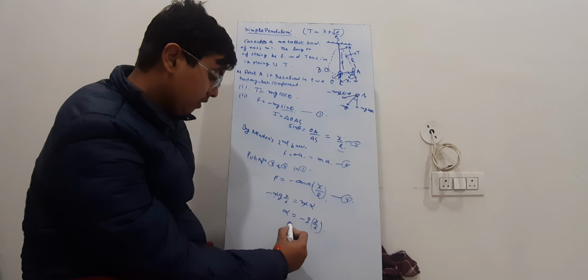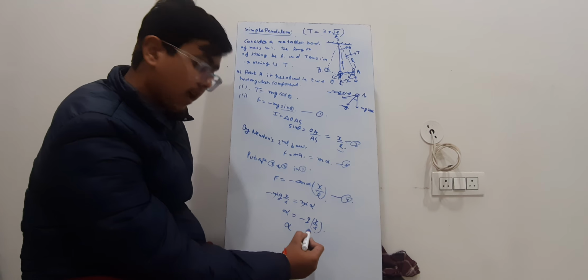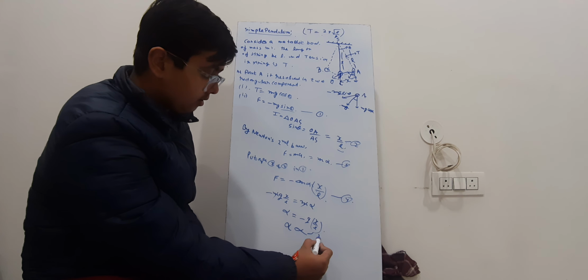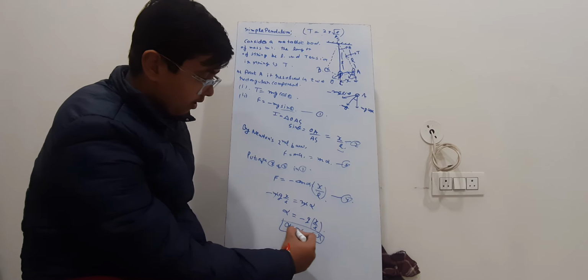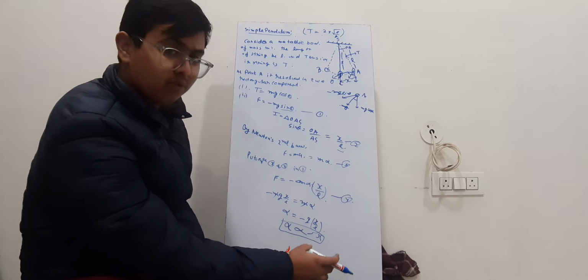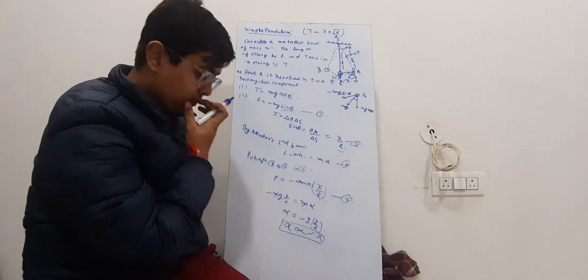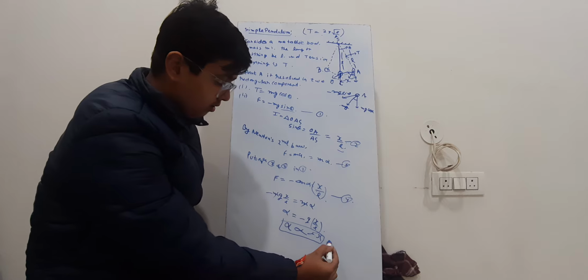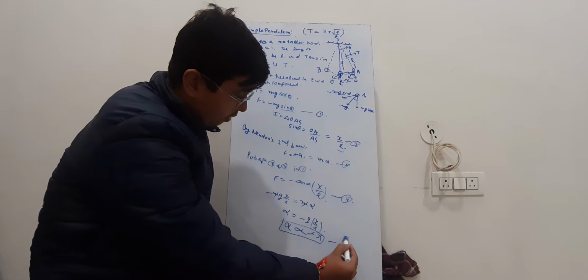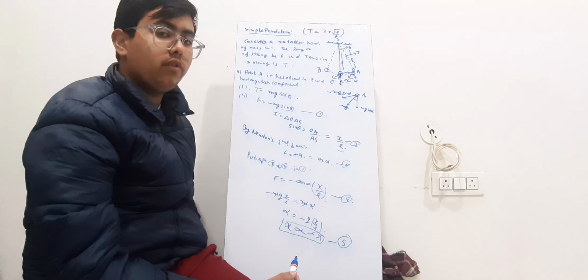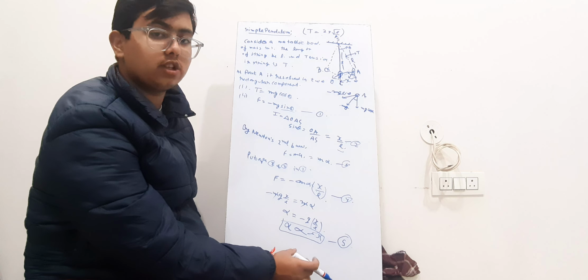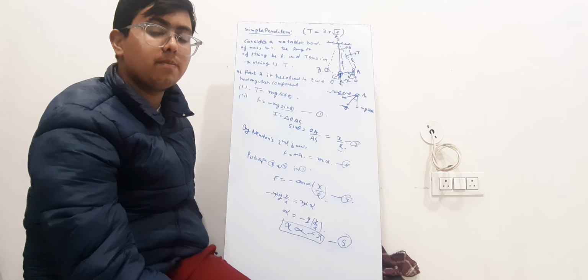So we say that alpha is directly proportional to minus x, the displacement. Alpha is the force against displacement, so it is directly proportional to displacement. This is equation number 5. Hence we say that the motion is executing SHM. SHM is simple harmonic motion.